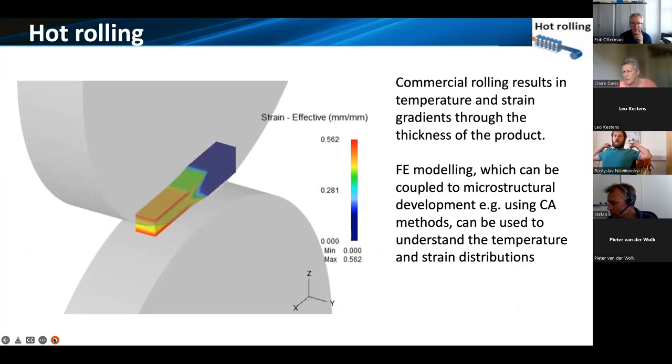When we start to go to very thin products, such as some of the strip, actually a lot of the behaviors for thin strip start to become very similar because you recrystallize repeatedly down to a similar grain size, for example. But with thicker product, these temperature and strain gradients become particularly significant. So we need to be conscious of that in how we replicate behaviors.